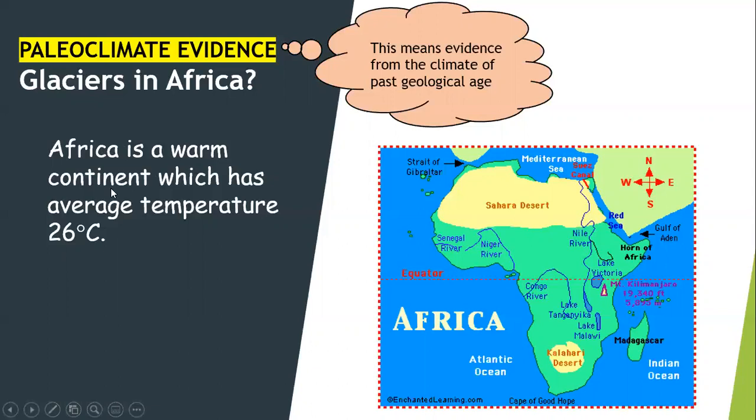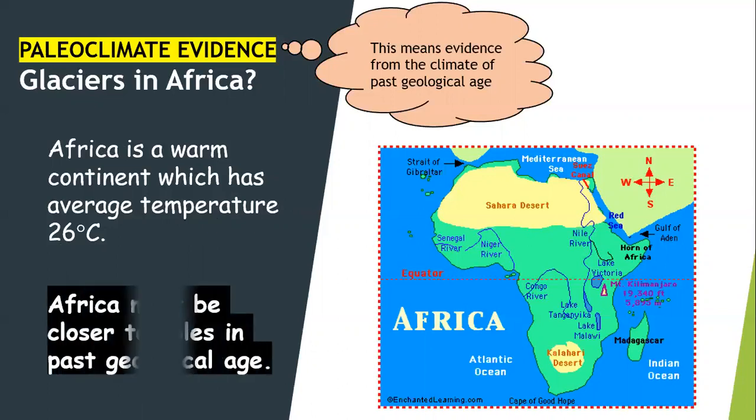Africa is a warm continent which has an average temperature of 26 degrees Celsius. But in order to have glacial grooves, you must have freezing temperatures, right? So Alfred Wegener said that Africa must have been closer to the poles in a past geological age. He said that this continent called Africa, which is close to the equator today, is its current location.